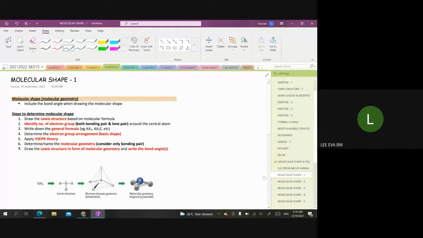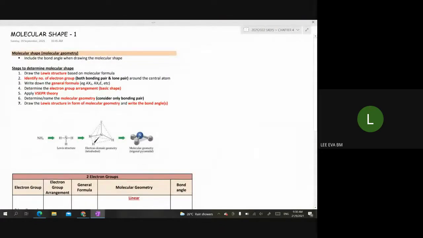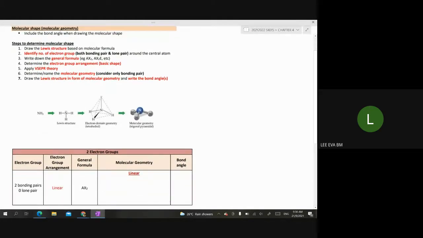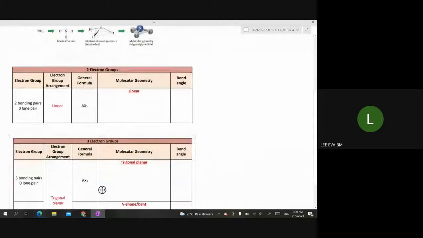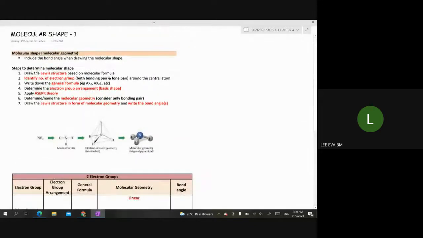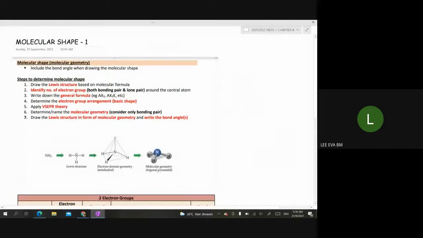Okay. We proceed into molecular shape. So over here, Madam give you the template and then we shall fill in together. Okay, so molecular shape, or we call it as molecular geometry, it includes your bond angle when drawing your molecular shape.